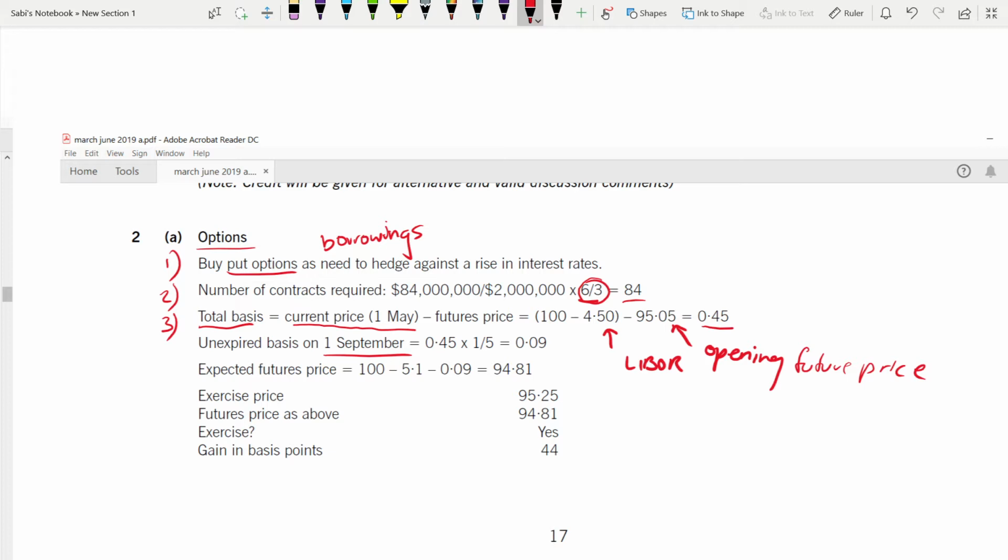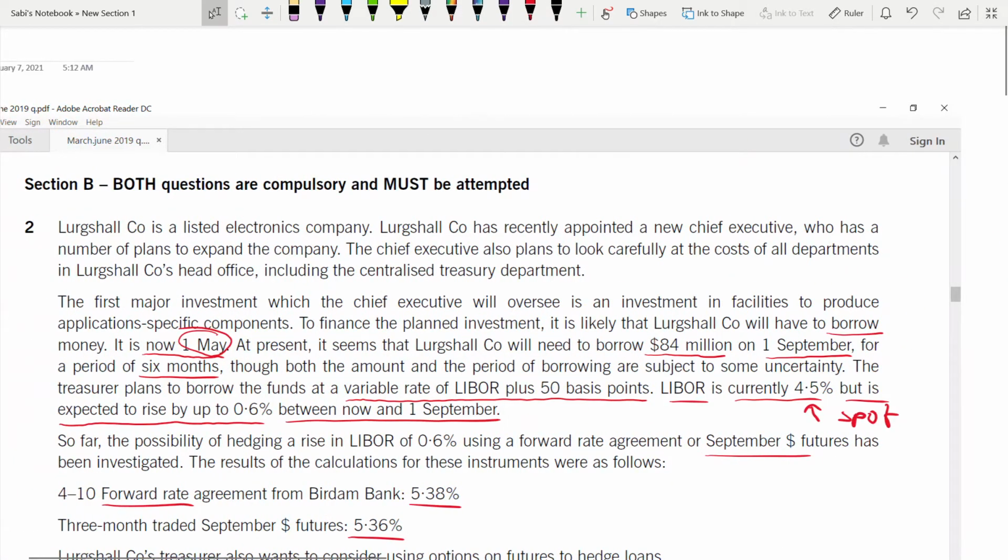Out of that, how much is unexpired? So what is it today? They told that at present it seems Lakshal will need to borrow on 1st of September. So today is 1st of May, and they have to borrow on 1st of September. So just calculate how many months from May to September.